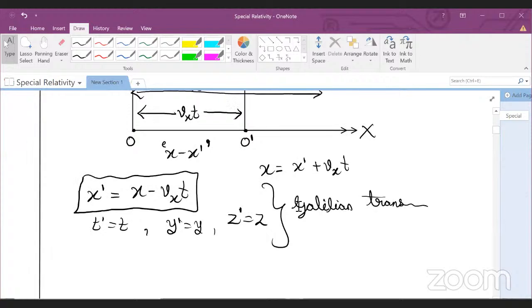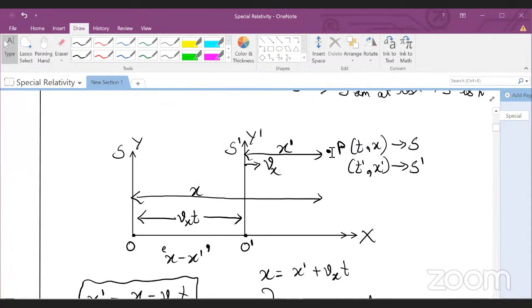Say this particle P is moving, then the particle has some velocity, right? S will measure the velocity to be u.